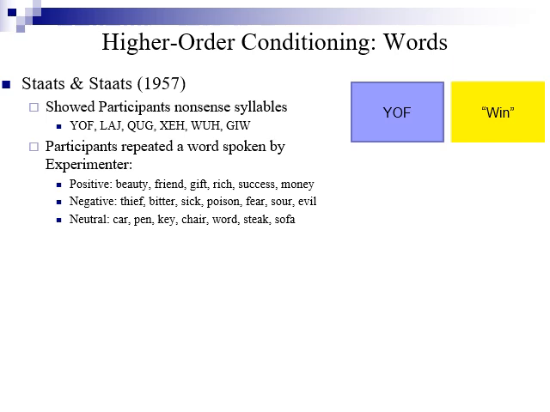The words that the experimenters used, though, had either a positive emotional meaning, like beauty, friend, rich, success, money, win, or a negative meaning, like thief, bitter, sick, poison, fear, sour, evil, or a neutral meaning, so car, pen, key, etc., things that don't have emotional impact.